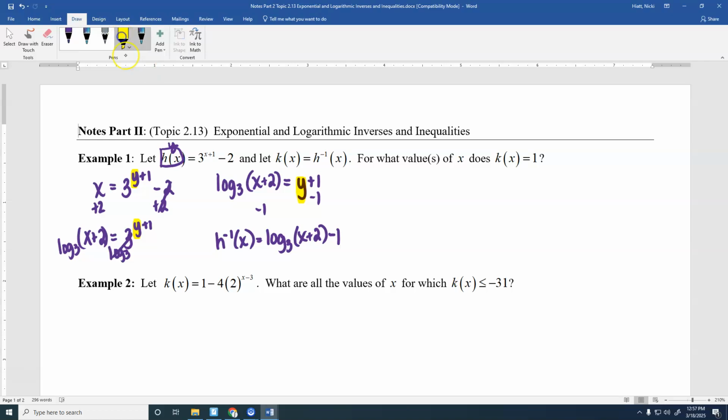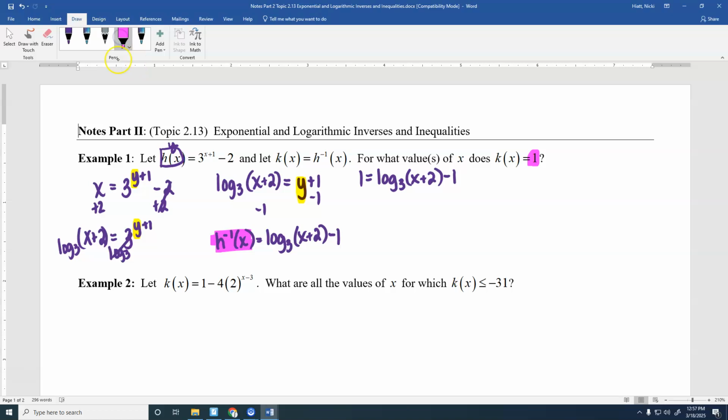This is my y value because if it was the x value, they'd be putting it here. And remember, k is h inverse. So I'm replacing h inverse with a 1. So I'm going to have 1 equals log base 3 of x plus 2 minus 1.